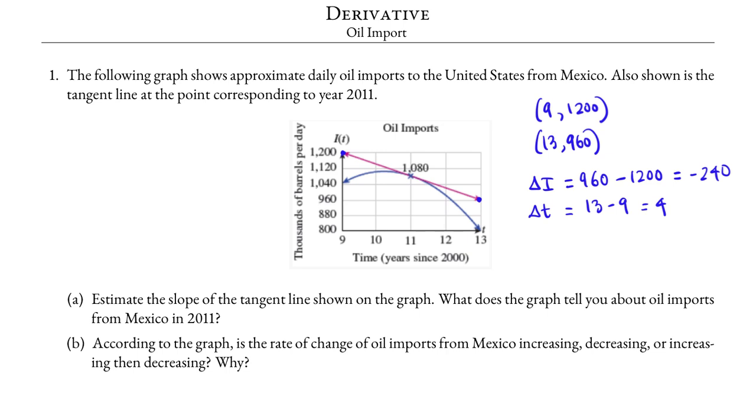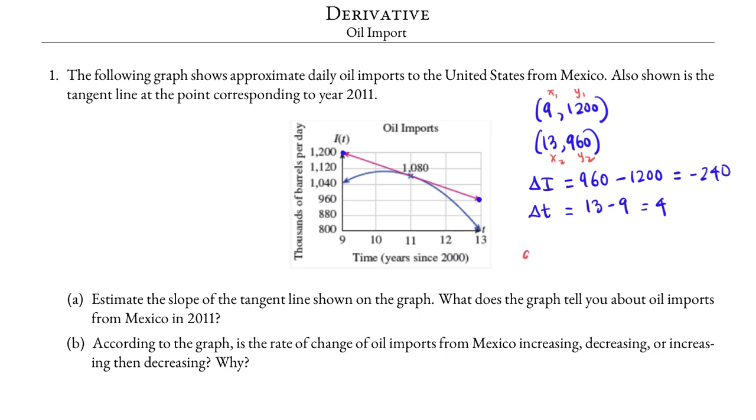We need to be consistent here. If we call this x1, y1, and this x2, y2, and we take y2 minus y1, then we have to do x2 minus x1.